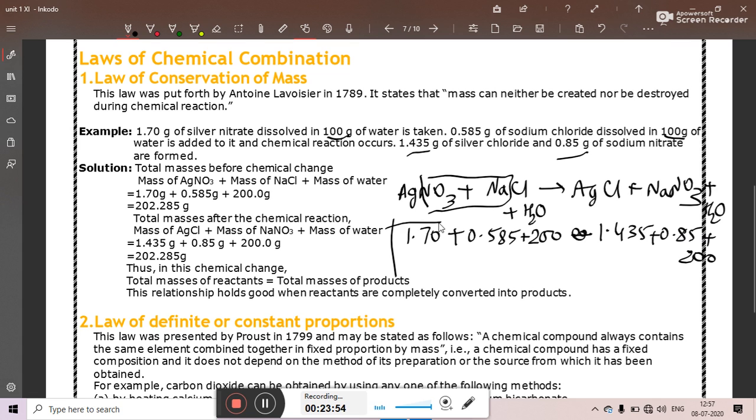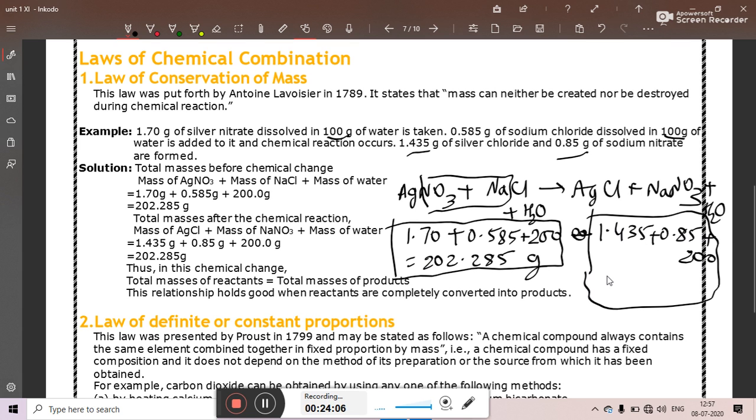Now when you add the total mass of reactants, that will come out as 202.285 gram, and if you find the total mass of products, that will come out as 202.285 gram. So here you can see that the total mass of reactants and total mass of products is equal.